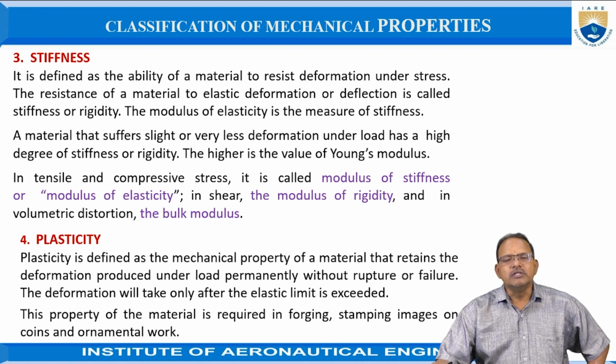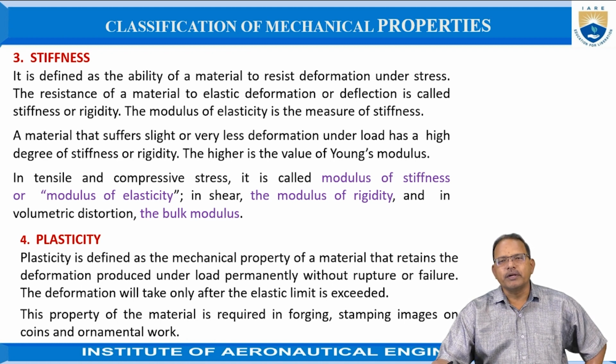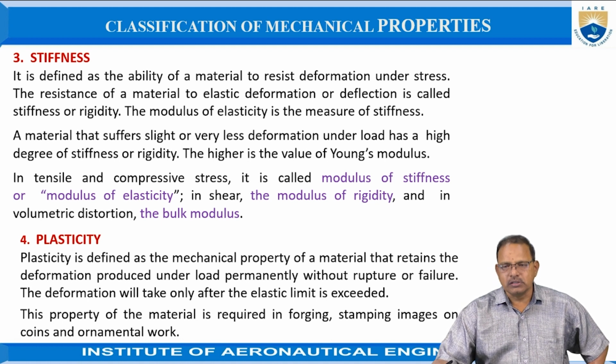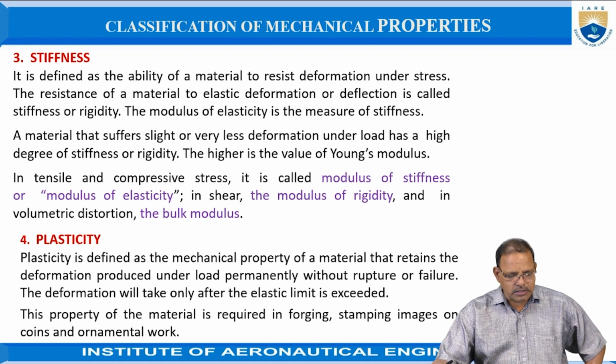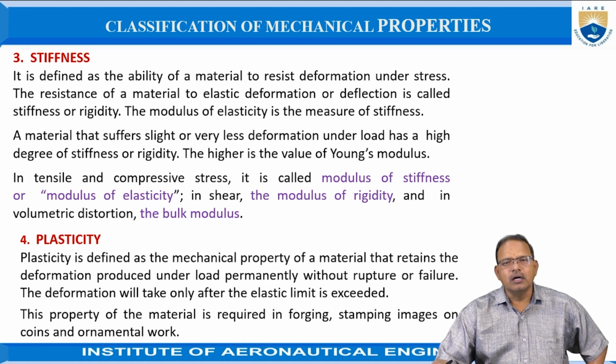Generally, this deformation takes place for any material when it is deformed beyond the elastic limit. This property of the material is most important in manufacturing processes such as forging, stamping, images on coins, and ornamental work.